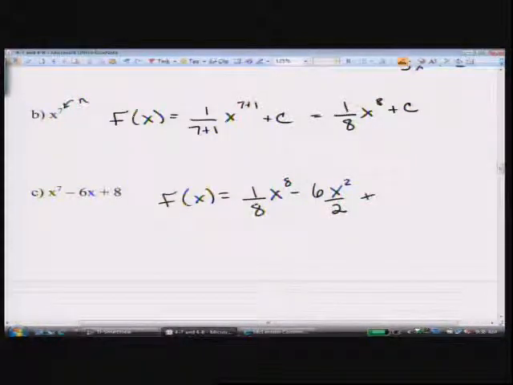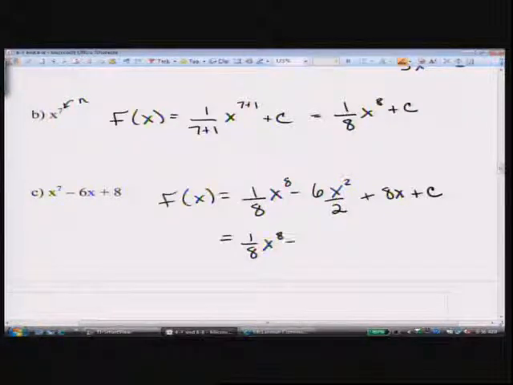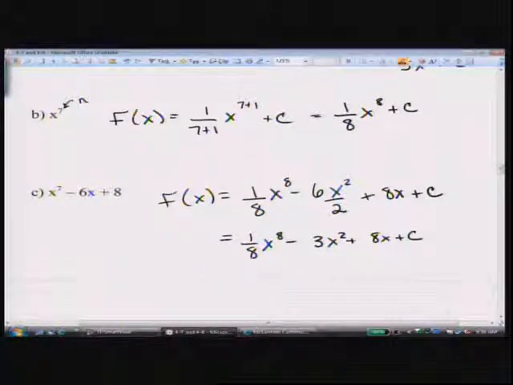And then what's the antiderivative of 8? What function has as its derivative 8? 8x, good. And then plus c. And then you can clean this up: 1/8 x to the 8 minus 3x squared plus 8x plus c. Okay?